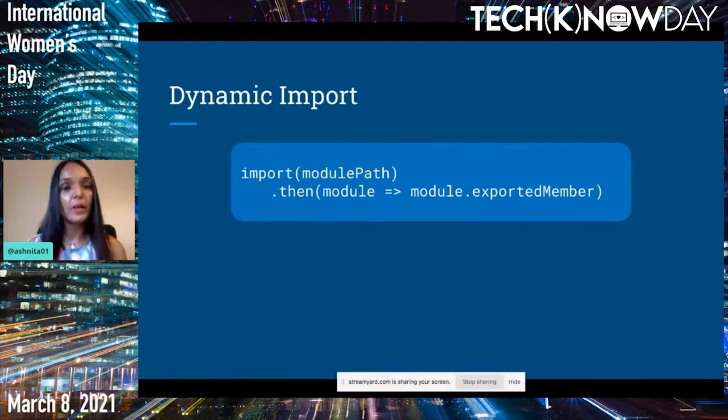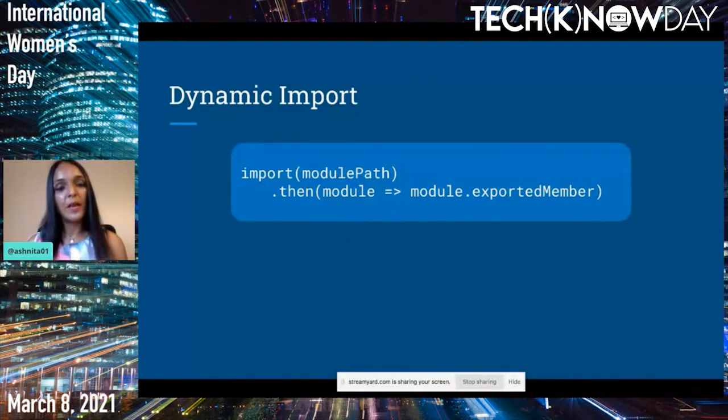So dynamic import is an ES6 function-like parallel of the static import statement, which basically lets us import modules based on some logic in the program, or based on an event.